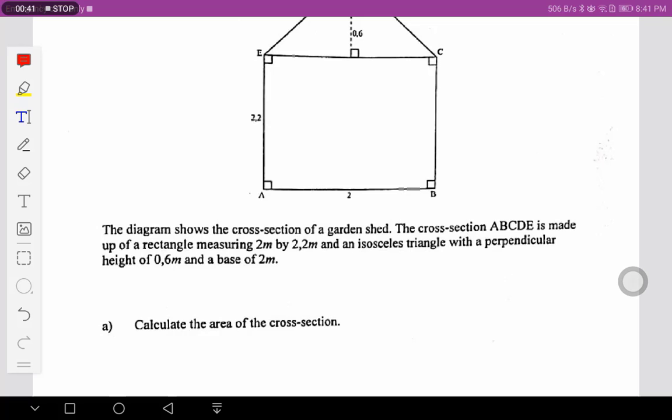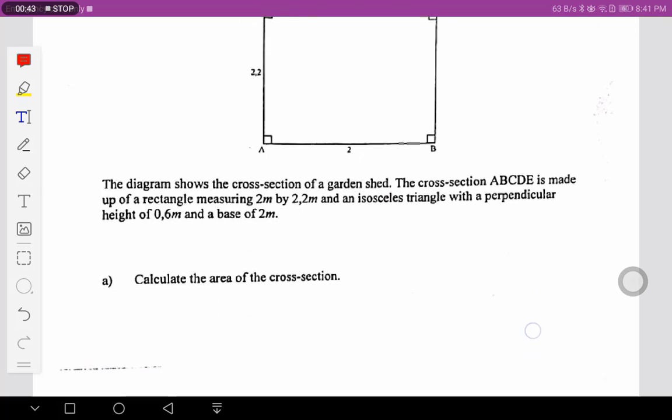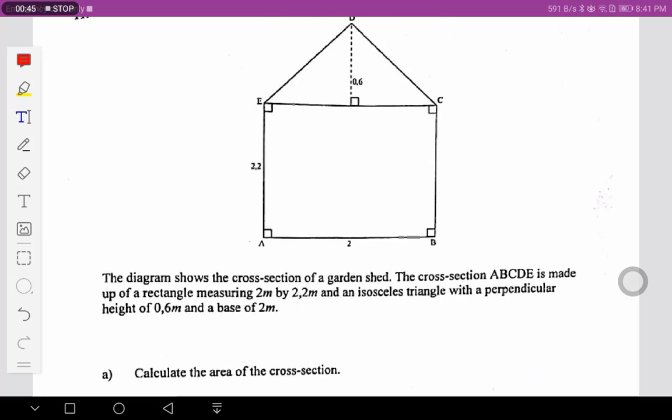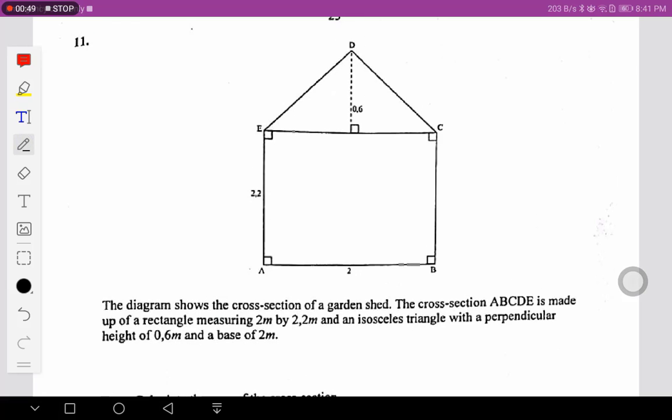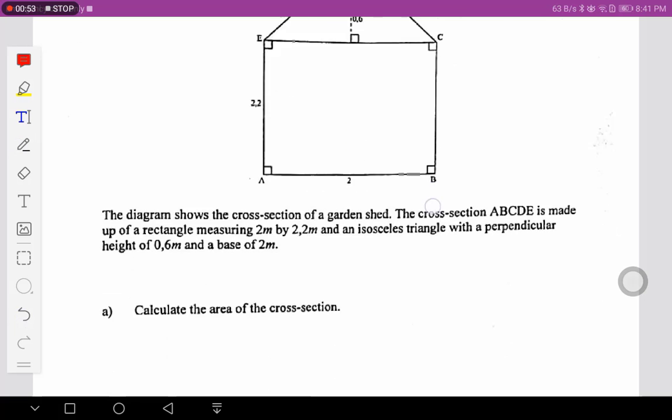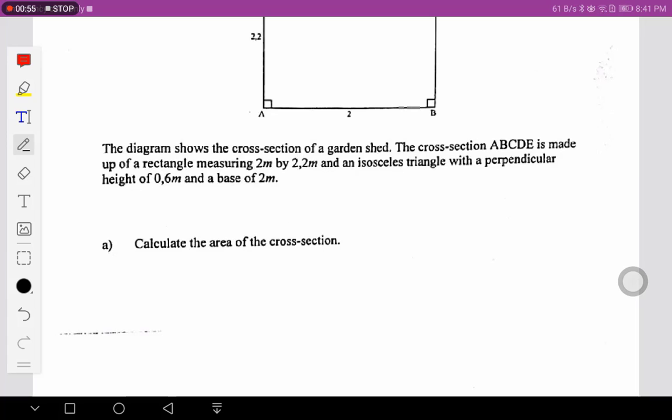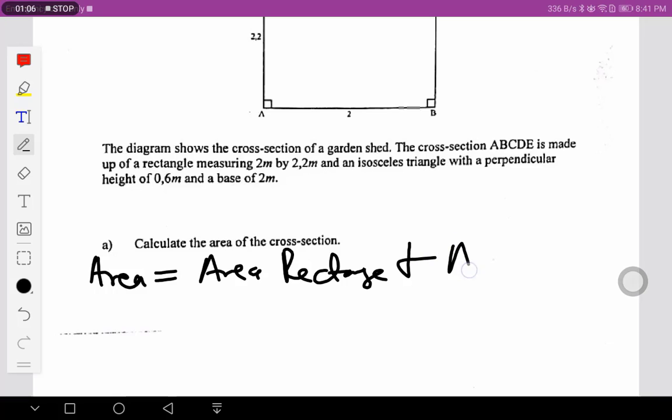Calculate the area of the cross section. Okay, so area of the cross section, basically we've got a rectangle and a triangle. So my triangle, I can say my base is 2 there. Okay, so I'm going to say my area is equal to area of a rectangle plus area of a triangle.